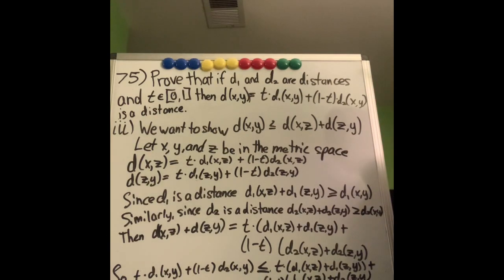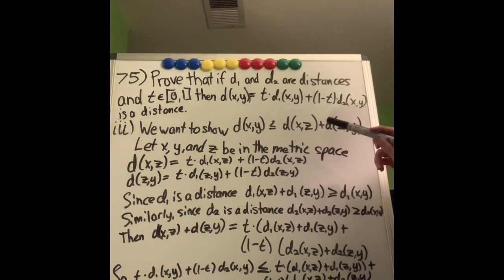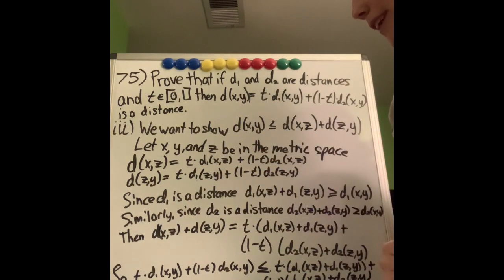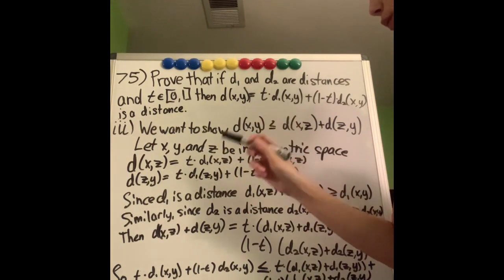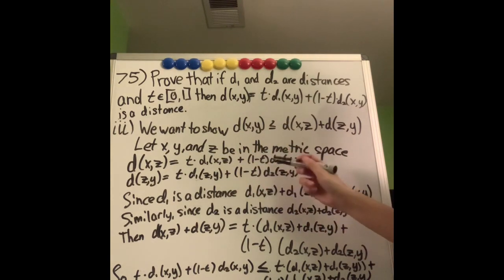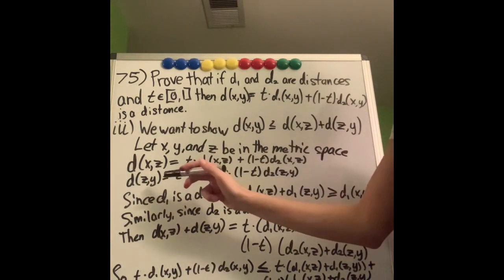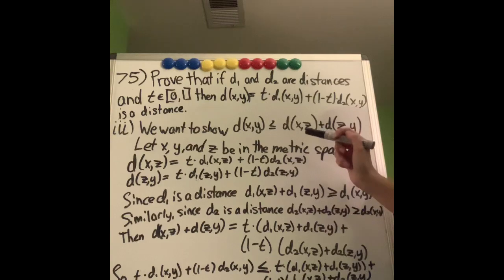So we want to show that the distance from x to y is less than or equal to the distance from x to z plus the distance from z to y. So we're going to let x, y, and z be in the metric space. We're defining the distance from x to z as t times d1(x,z) plus (1 minus t) times d2(x,z). And we're defining the distance from z to y as t times d1(z,y) plus (1 minus t) times d2(z,y).